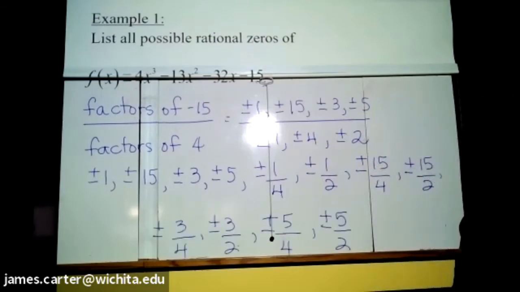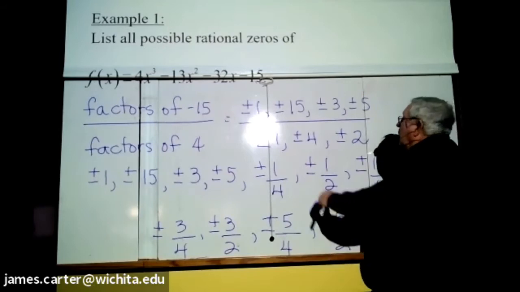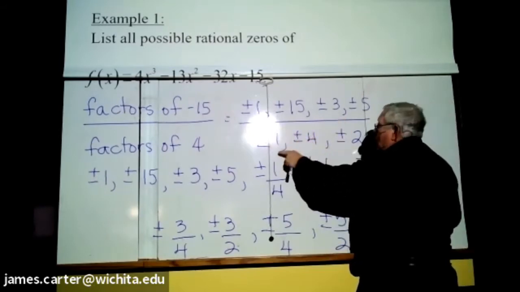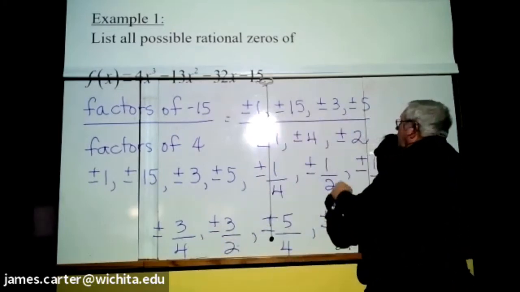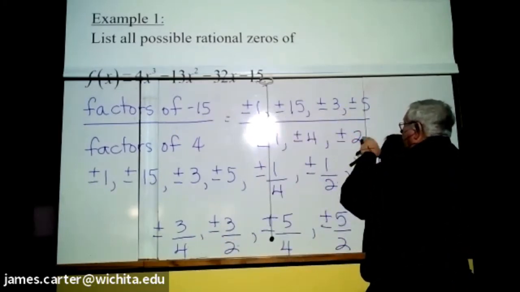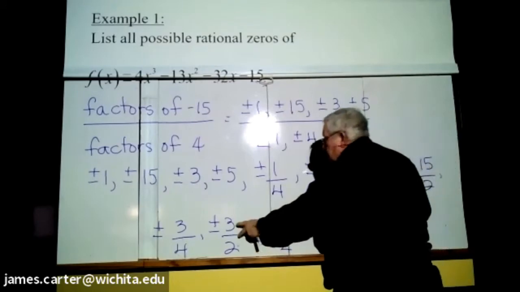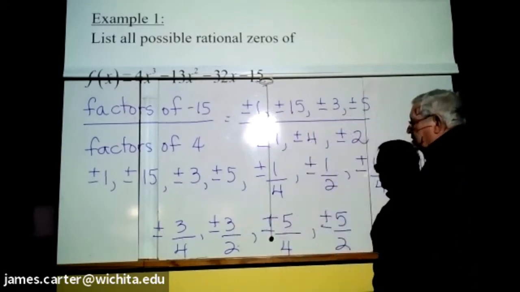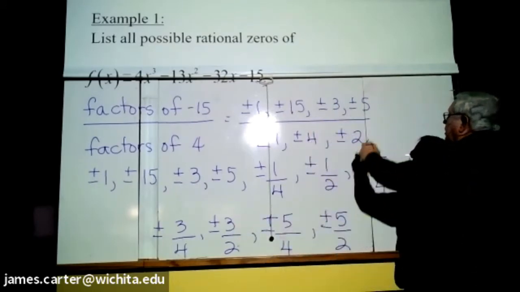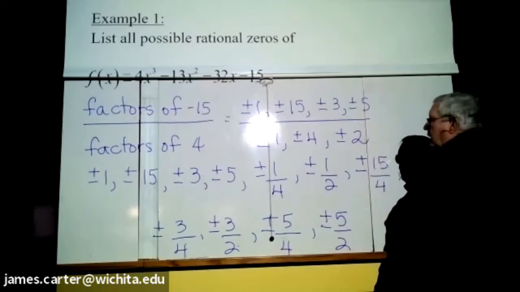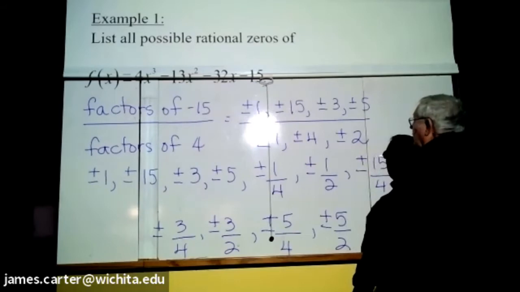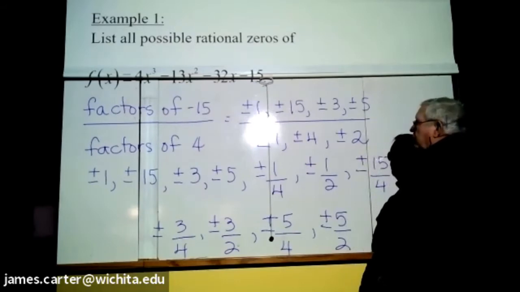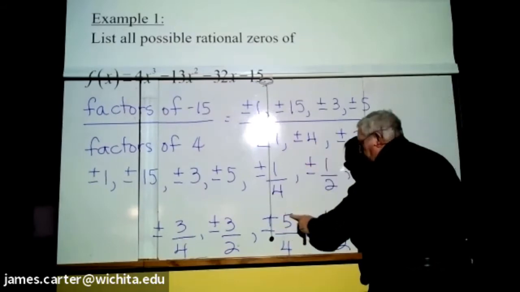Okay. 3 over 4 is 3/4. This 3 over the 2 is 3/2. So that's all the possibilities there. Then we go to the 5. 5 over 1 is 5, so it's already included. 5 over 4 here.